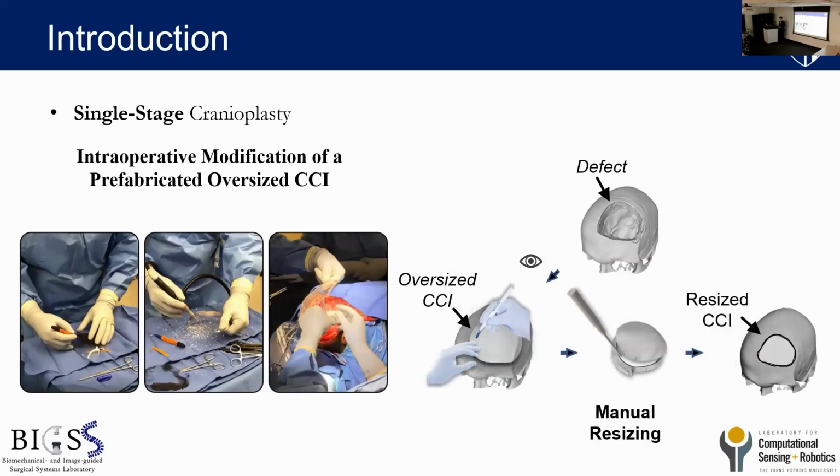So during the single-stage cranioplasty procedure, the plastic surgeon will look at the defect, and then given the oversized implant, he will draw a contour on the oversized implant, and then use a manual surgical cutter to resize the implant to fit the defect.